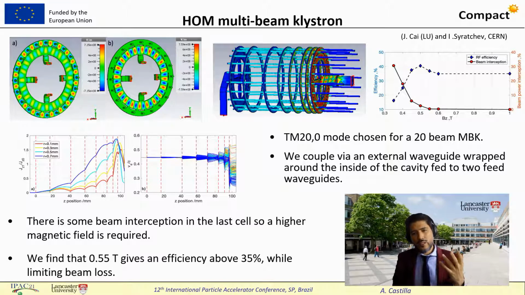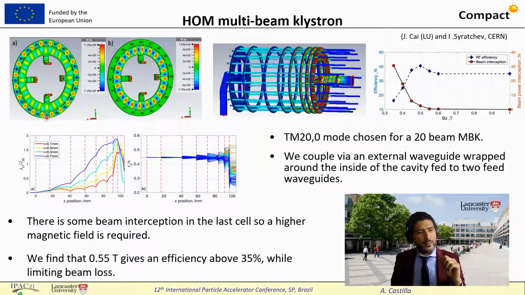One of the advantages of having a multi-beam klystron is the fact that the total current of the beam can be divided by the number of beamlets, hence reducing the perveance and increasing the efficiency of the klystron. For this option, we look at the TM20 mode for 20 beamlets.